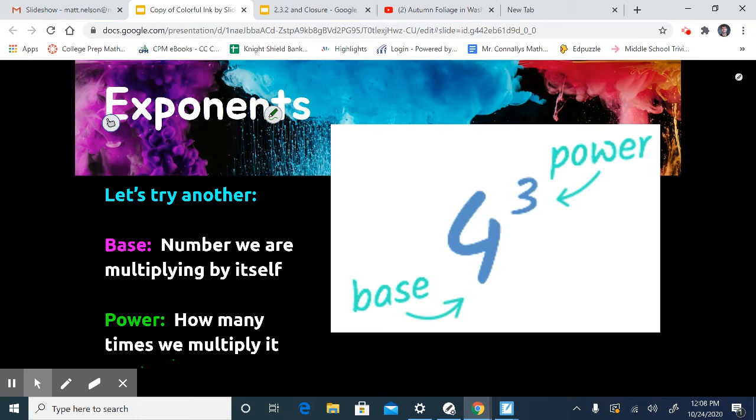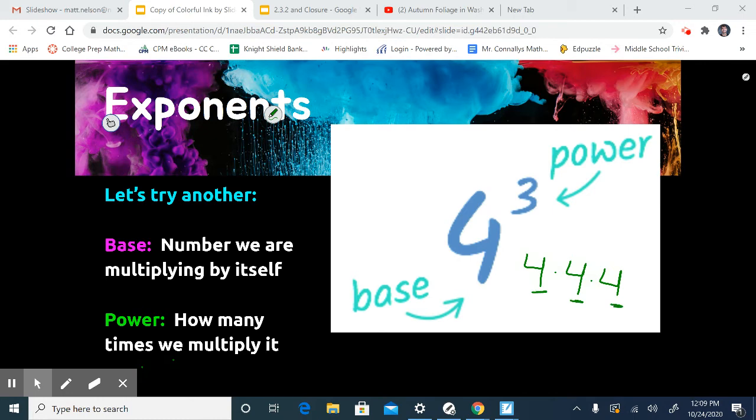So go ahead and give it a try here. If our base is 4, the number that we're starting with, and the power is how many times we're multiplying it by itself, how would we rewrite 4 to the third power? Or 4 cubed, you've maybe heard it called. All right, so here you should have gotten 4 times 4 times 4.